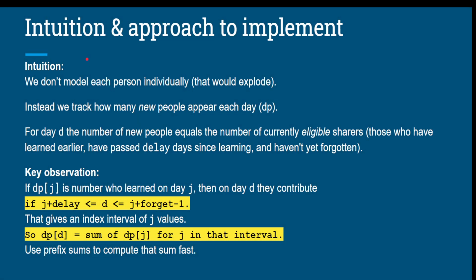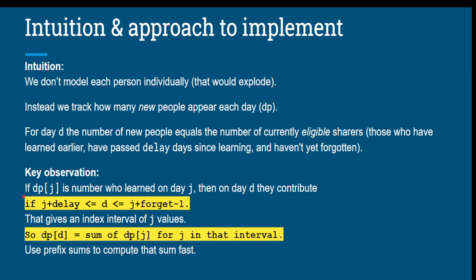If you talk about the intuition, we don't model each person individually, because that will explode. Instead, we track how many people appear on each day. For each day d, the number of new people equals the number of currently eligible sharers, those who have learned earlier, have passed the delay days, and have not yet forgotten, right?